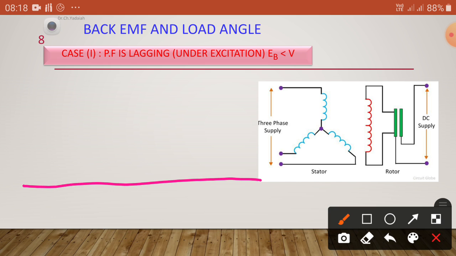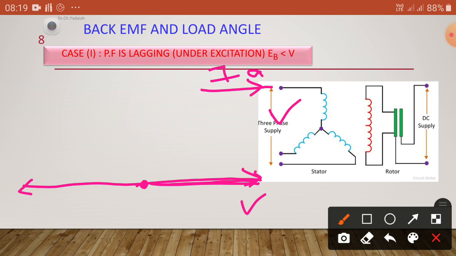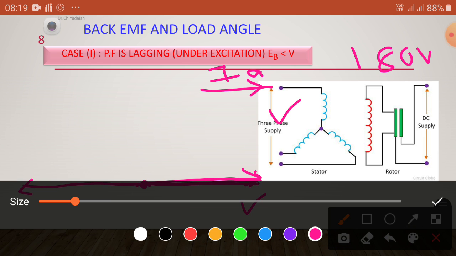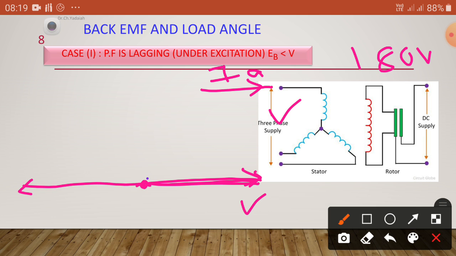This is the reference, and this is the applied voltage V at the reference angle. Now the current IA lags the voltage due to under excitation, since only 180 volts is given, so the current is lagging. The current lags the voltage by some angle, called the power factor angle phi. This is IA.